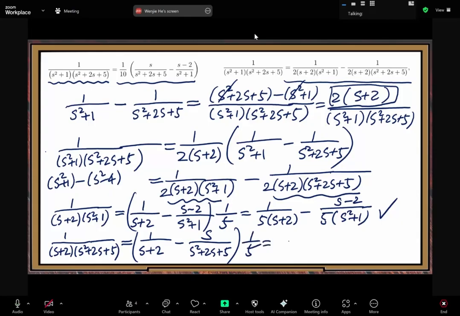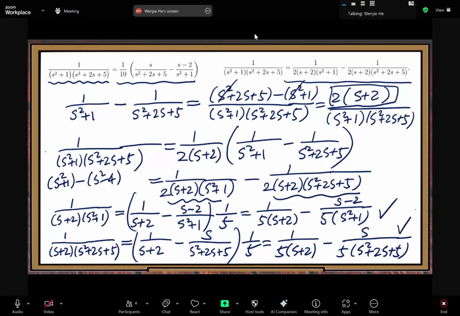So you have 5 s plus 2 minus s over 5 s squared plus 2s plus 5. So this, ready to go.